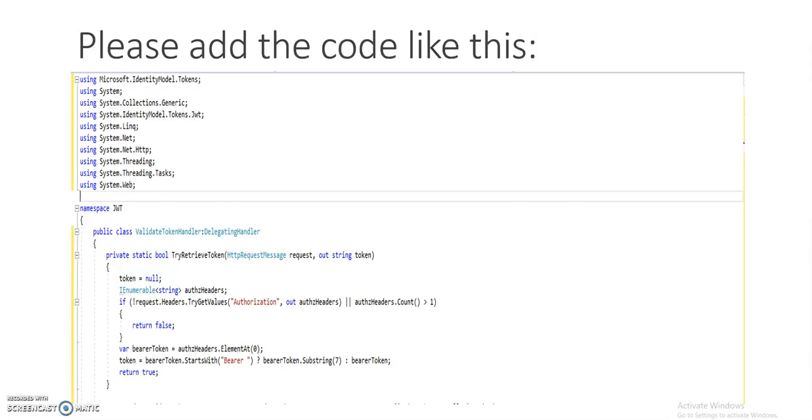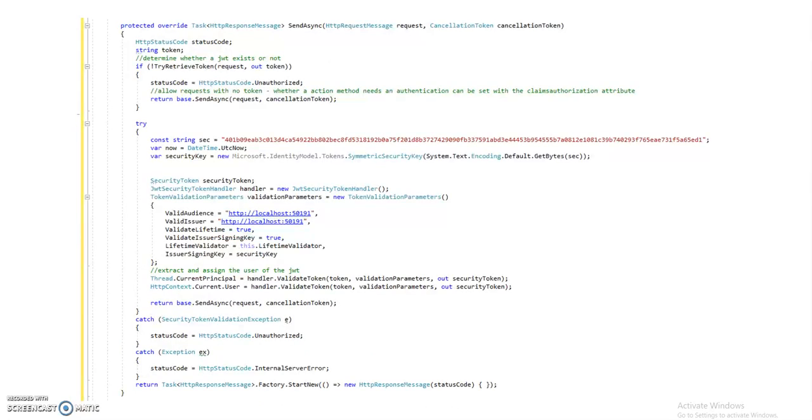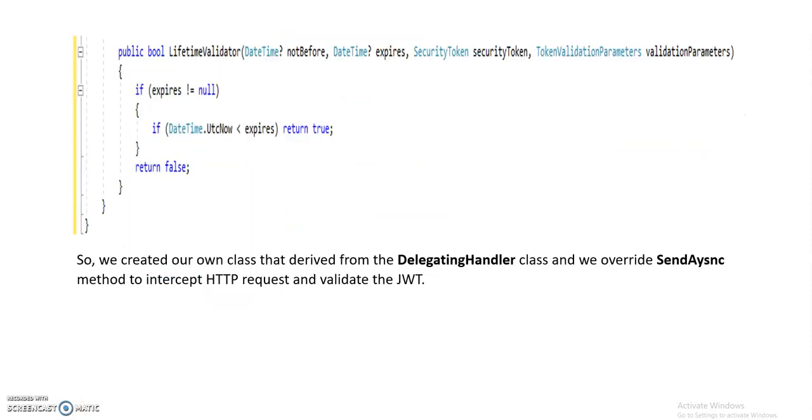If you want, you can take a note of it from here. So we created our own class derived from the DelegatingHandler class, and we override the SendAsync method to intercept the HTTP request and validate the JWT.